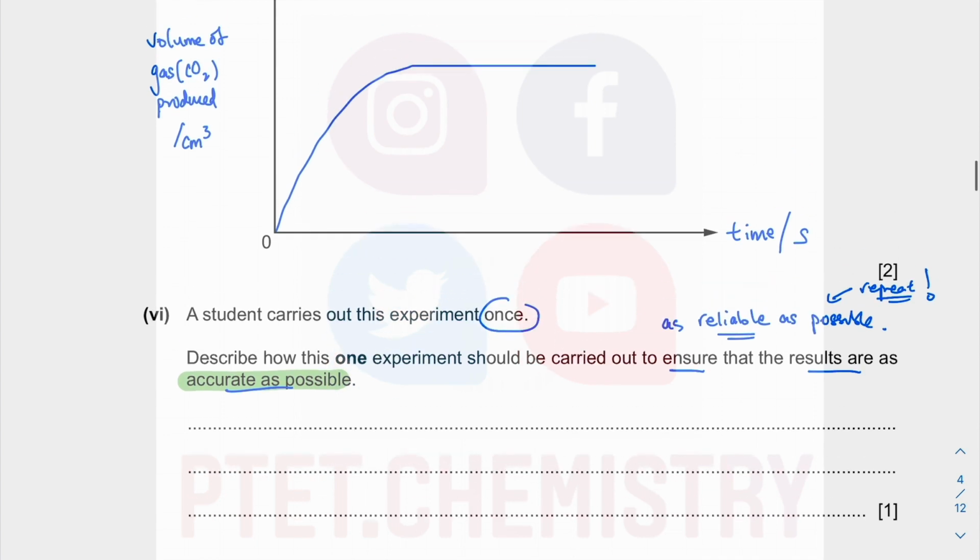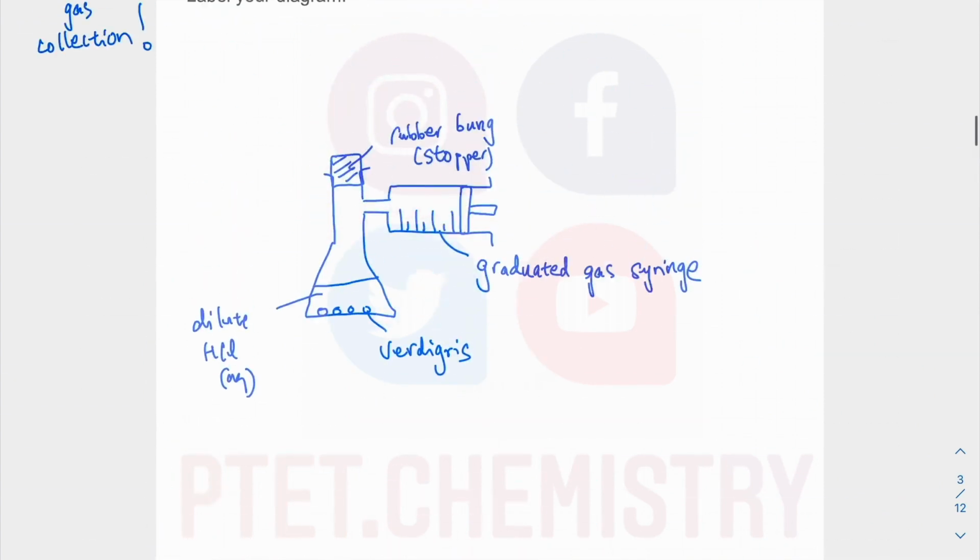This experiment is about the volume of gas being collected, so being accurate means your volume of gas has to be accurate. So avoid loss of gas by ensuring everything is airtight, such as your rubber bung.